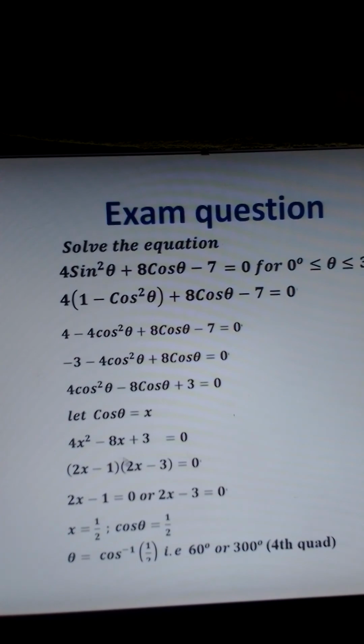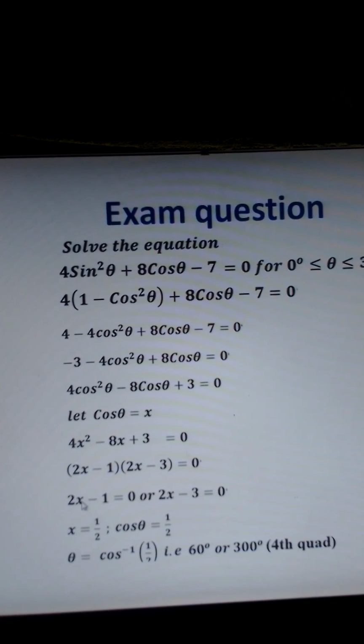2x times 2x is 4x squared. Minus 1 times 2x plus 2x times minus 3, you get minus 2x plus minus 6x, which is minus 8x. Minus 1 times minus 3 is 3. So if we factorize this, we get this, and everything here is equal to 0.